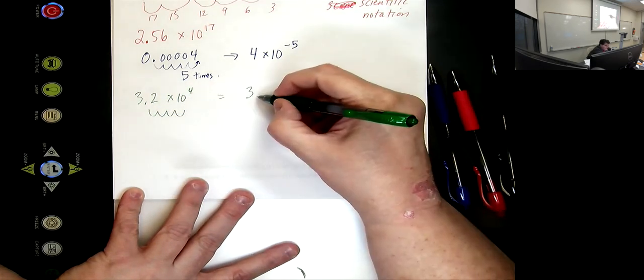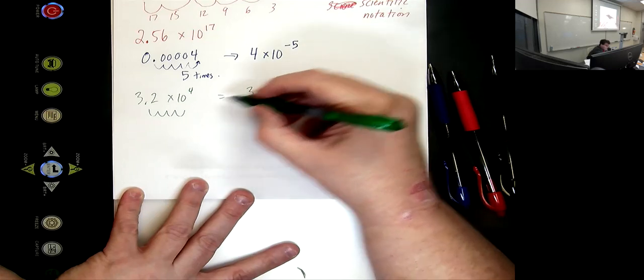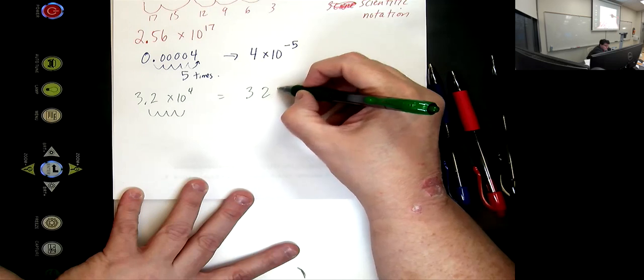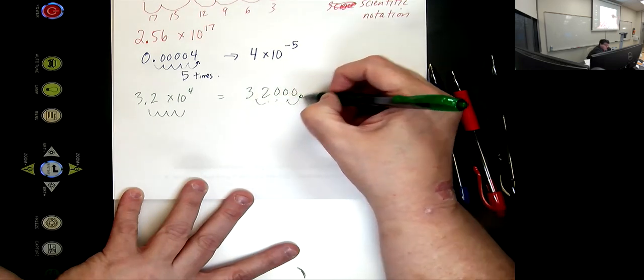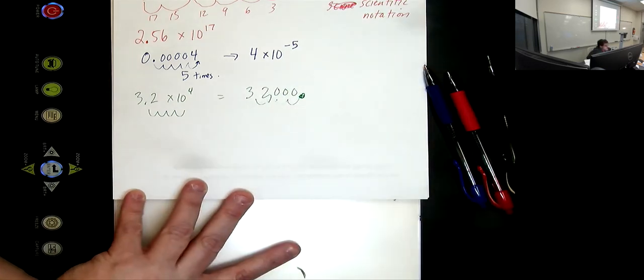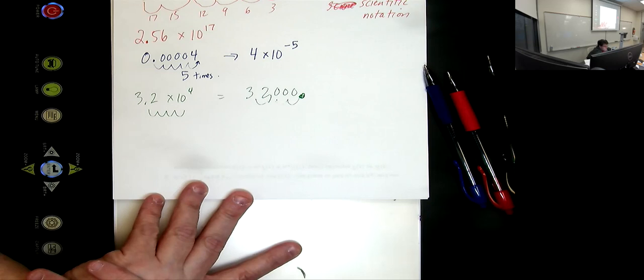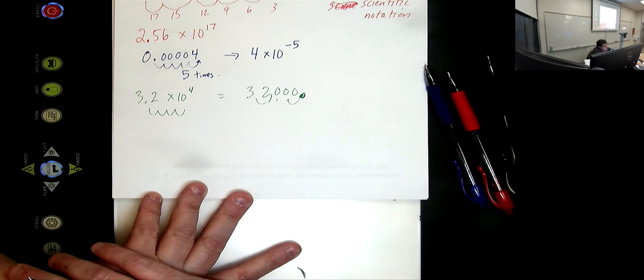And if I don't have a number there, I'm going to add a 0 for it. So I got to go 3, 2, 0, 0, 0. 1, 2, 3, 4. So 3.2 times 10 to the 4th is 32,000. And now 32,000 is meaningful to me. Buy a decent car for 32,000. That I can wrap my head around.